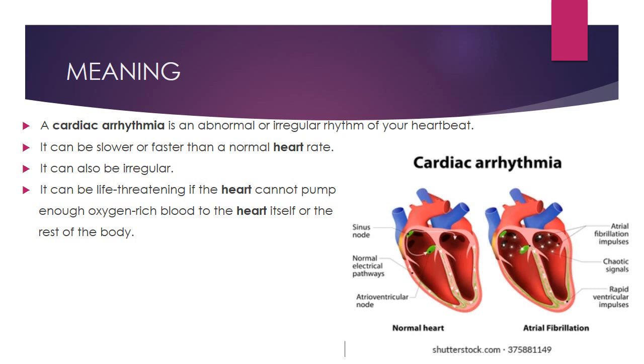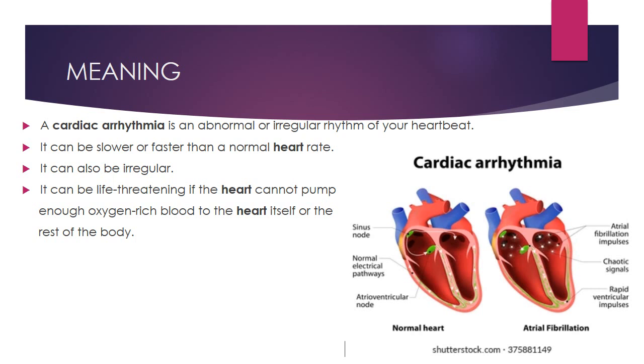Now, cardiac arrhythmia, in simple words, means an abnormal or irregular rhythm of your heartbeat. It can be slower or faster than the normal heart rate, and it can also be irregular. It is definitely life-threatening, because the heart is not able to receive an adequate amount of oxygen, and there is demand for oxygen and circulation, but the heart is not in a position to contract effectively.